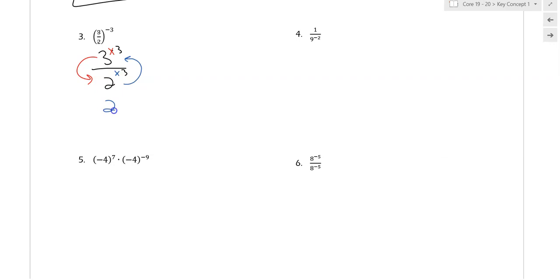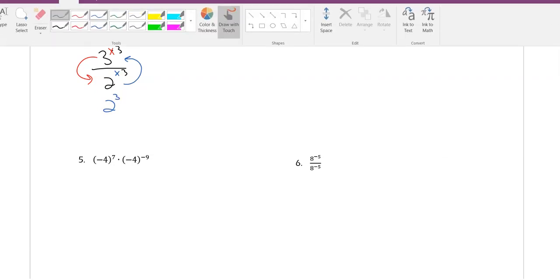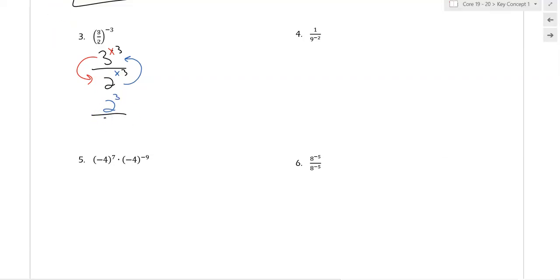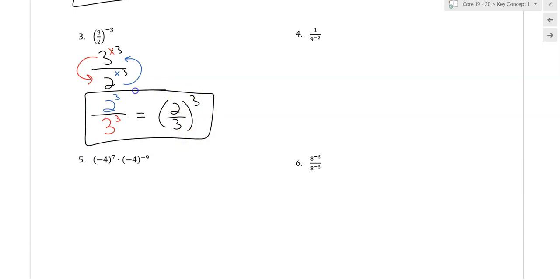So that's 2 to the 3rd over 3 to the 3rd, which I can then technically write as 2/3 to the 3rd. I would accept either of these answers: 2 to the 3rd over 3 to the 3rd, or 2/3 all to the 3rd. Either of those I would accept as correct.